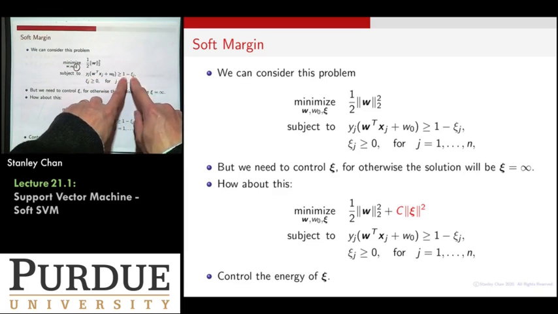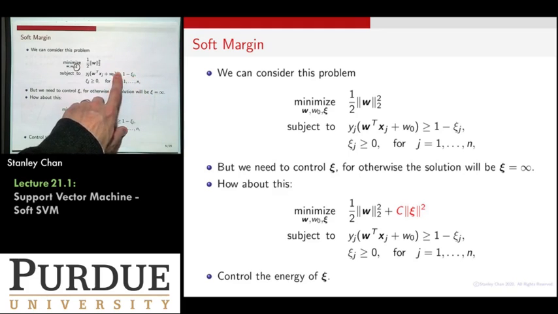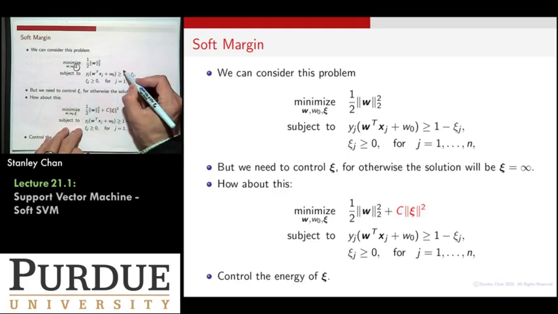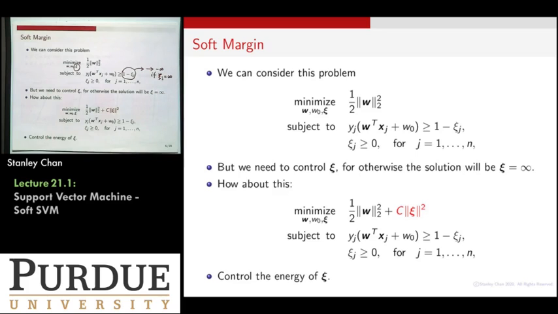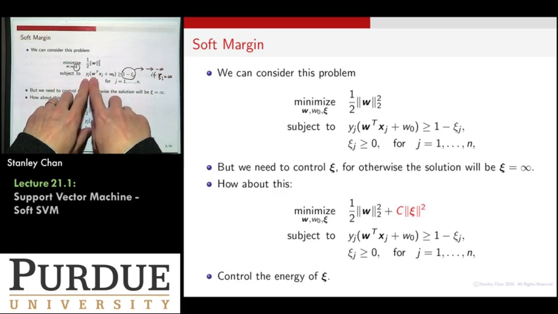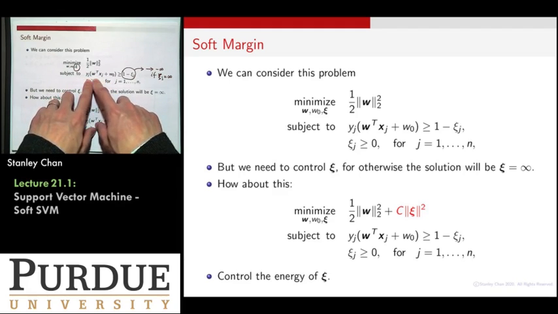So if psi j is plus infinity, then this right-hand side will become minus infinity. If this happens, then whatever you have on the left-hand side will be satisfied, and so you can choose whatever w you want.